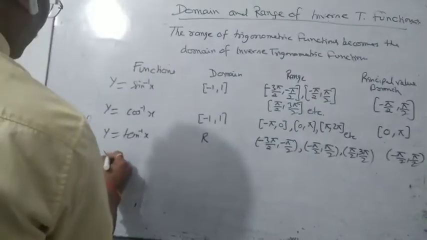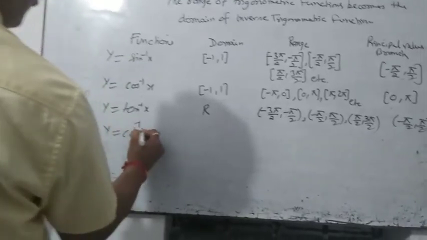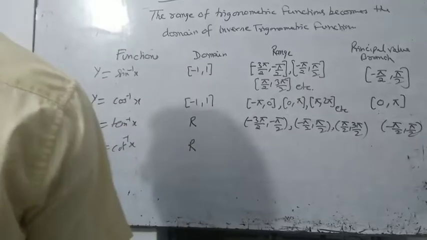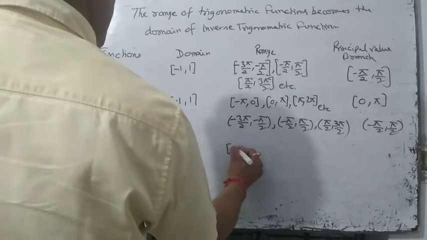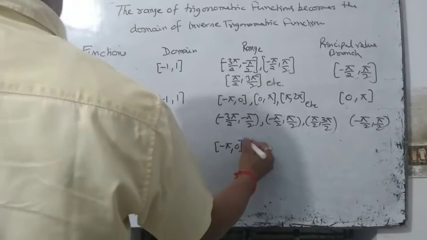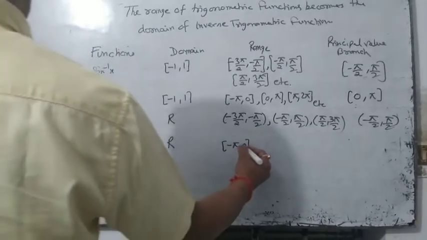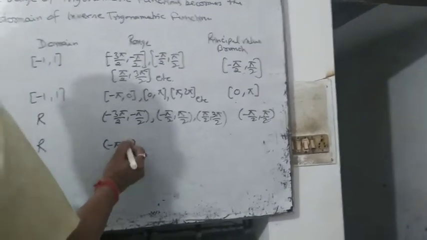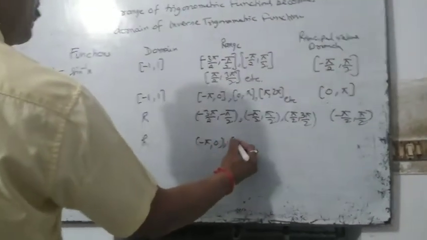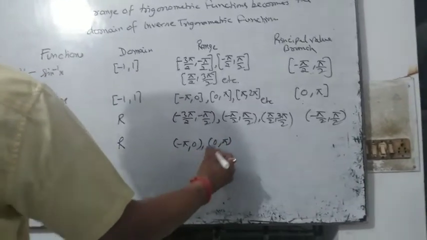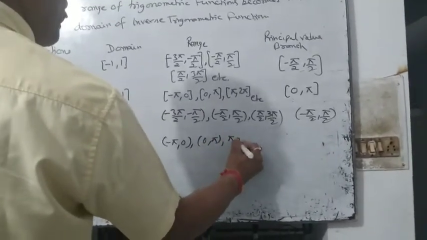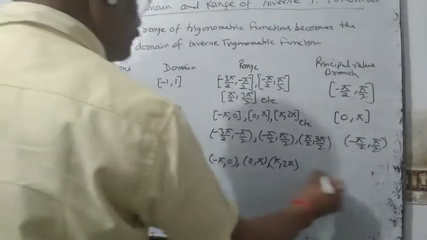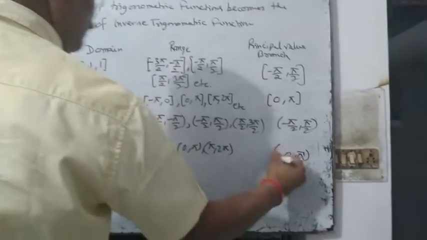Then y = cot⁻¹ x. Again domain is real, range is (-π, 0), (0, π) and (π, 2π). But the principal value of this is (0, π).